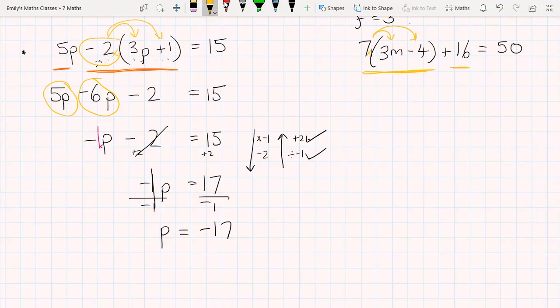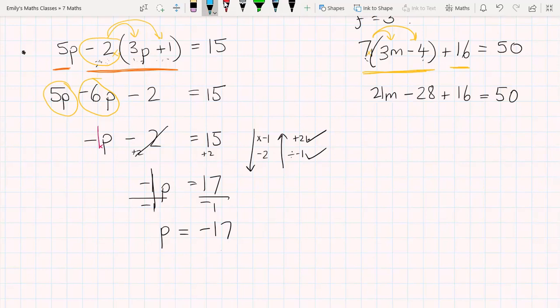So let's go ahead and do the next line. 7 times 3 is 21m, minus 7 times 4 is 28, plus 16, because it's just sitting there, it's not part of the brackets, is equal to 50. Have we got anything that we can bring together? I'm going to use a different colour.